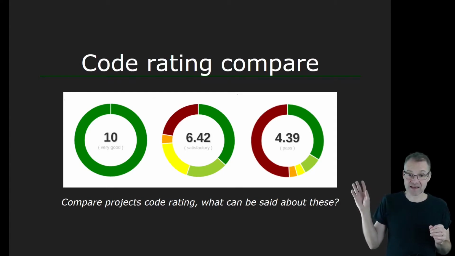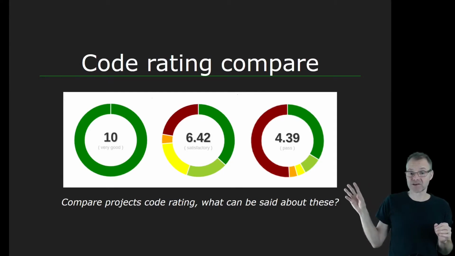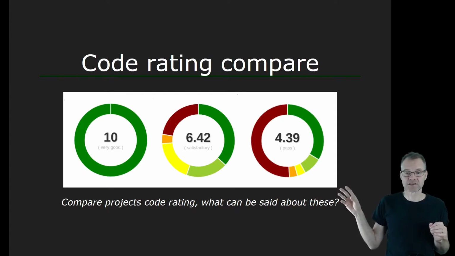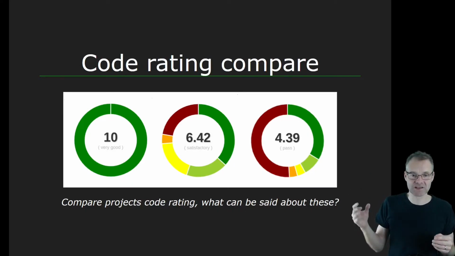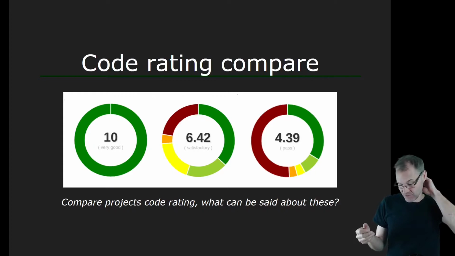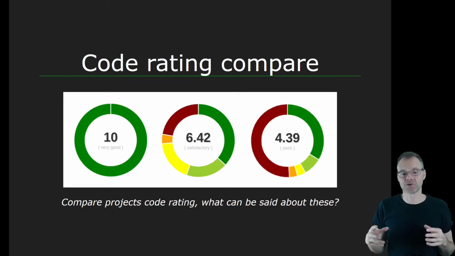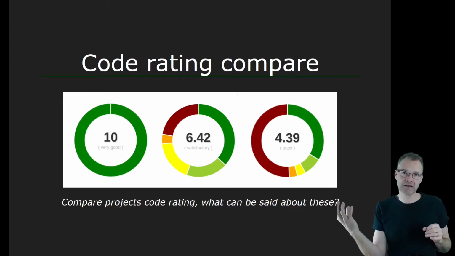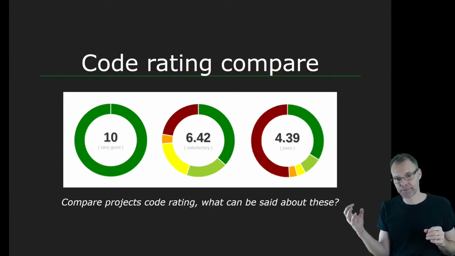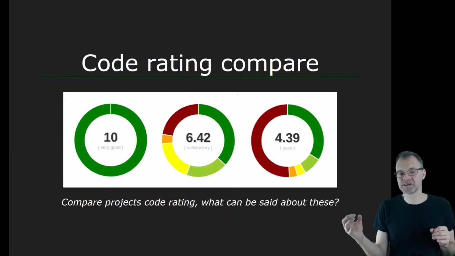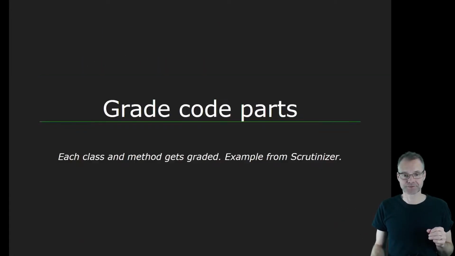The green part is almost as large as in the 4-point project, but the red part is much smaller, less than a fourth of that code is rated bad. So looking a bit behind these figures, we can get a better understanding of what the issues in this code are.